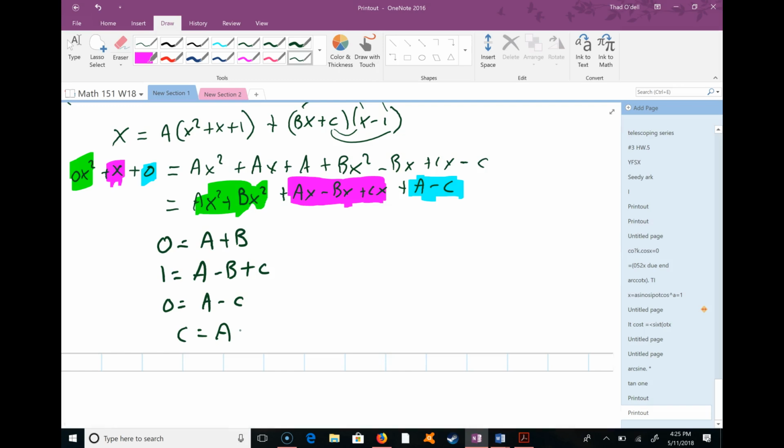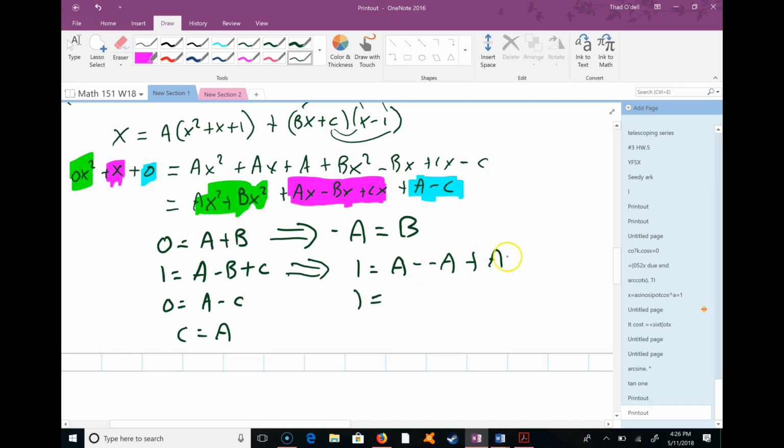And also, up here we know that negative A is equal to B. So then we can take this thing and substitute in: we're going to have 1 equals A, we'll replace B with negative A, so that would be negative negative A, and we'll replace C with A, so that would be plus A. So then we find out that 1 is equal to 3A, which means 1/3 is equal to A, which also means that 1/3 is equal to C, which also means negative 1/3 is equal to B.